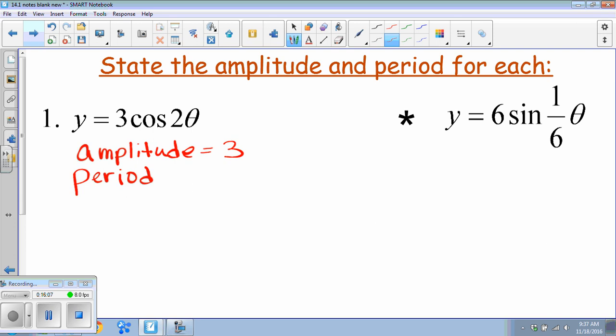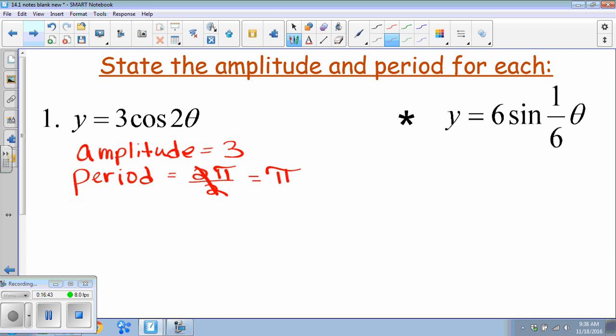So when we want to find out where the first wave stops, we have to do 360 or 2 pi divided by 2. It's either 360 or 2 pi because they're the same thing, right? So those cancel, so my first wave stops at pi, which is the same thing as 180. So it compressed it and it put 2 waves in there between 0 and 360.